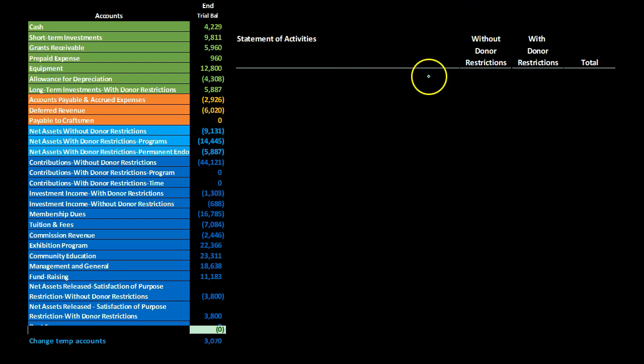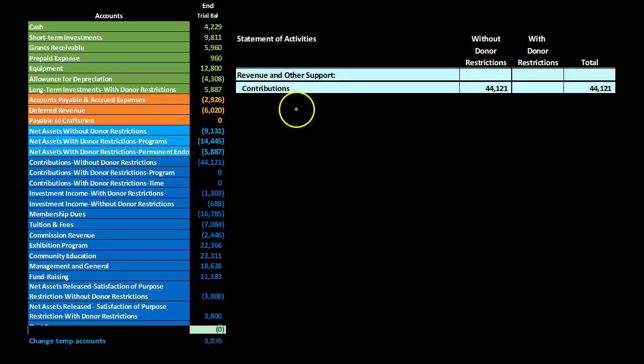So then we can have the name of contributions, for example, as we could see in our first line item, contributions, and then instead of saying contributions without donor restrictions, we put the proper amount into the proper line item, contributions without donor restrictions. Nothing is with donor restrictions, therefore this is the total. So this actually makes it a bit more readable than it would over here in terms of just having the one column type of breakout. That's the format that we will be putting in the statement of activities.